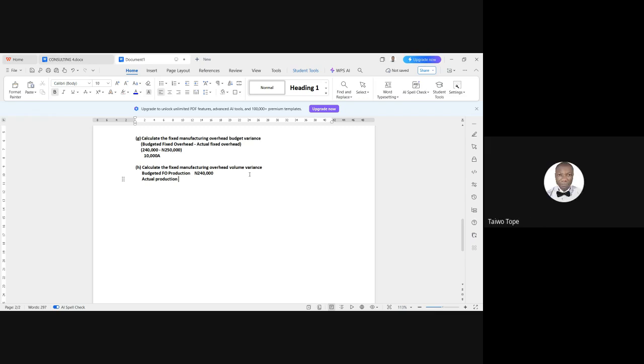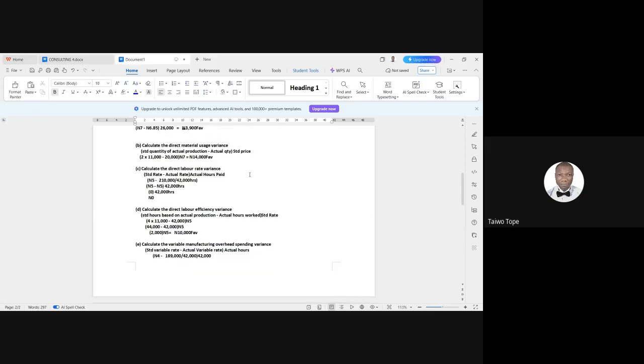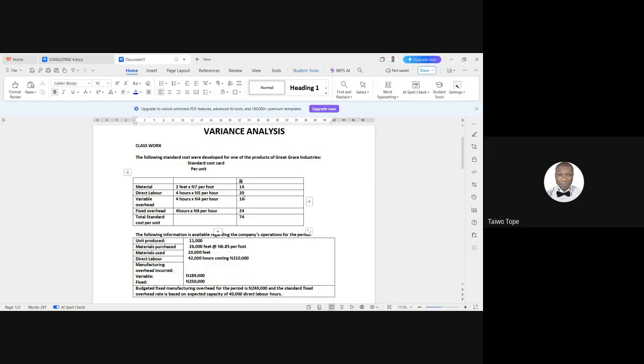But in terms of manufacturing overhead, in terms of fixed manufacturing overhead, what will be the value? For fixed overhead, your overall rate, when you use 4 hours, is what? 24 naira. 6 naira.